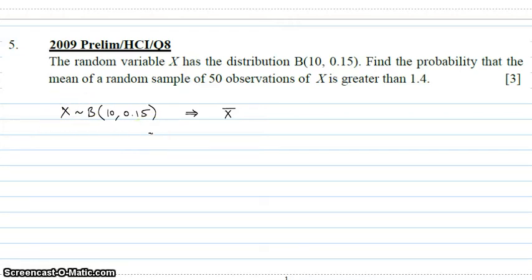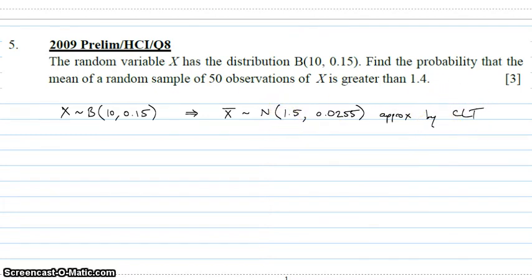Because I'm dealing with a large sample, 50 observations, and I know the original variance, I can tell you that x bar, the sample mean, will be approximately normally distributed with an average value of 1.5 and a variance of 0.0255 approximately, by the central limit theorem.